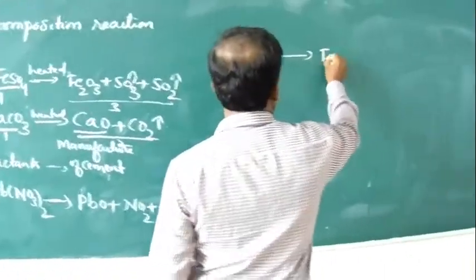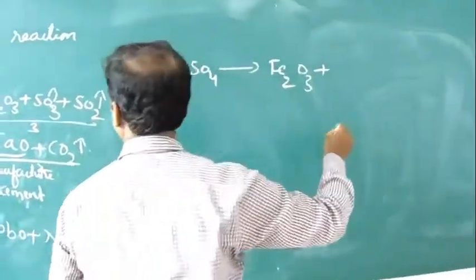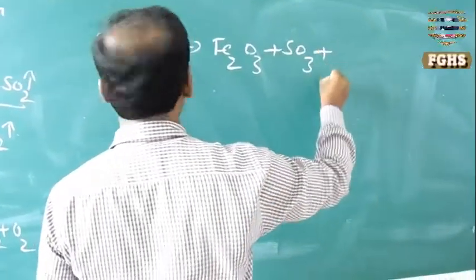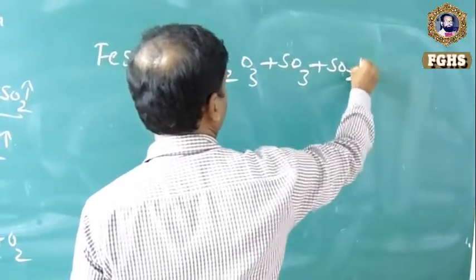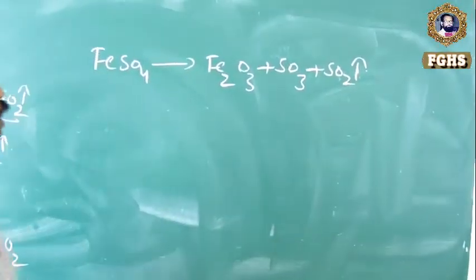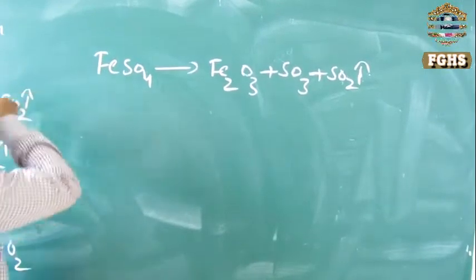FeSO4 gives Fe2O3 plus SO3 plus SO2. Now we have to balance this equation.